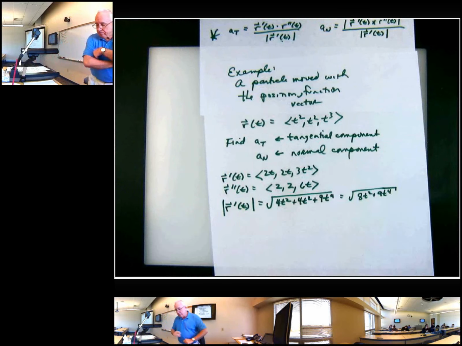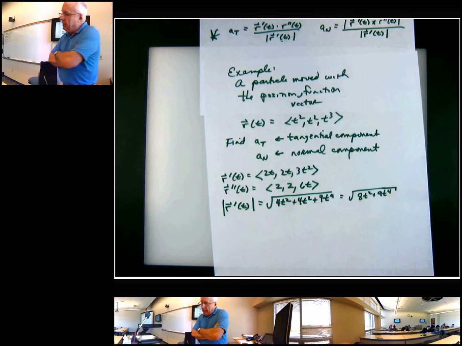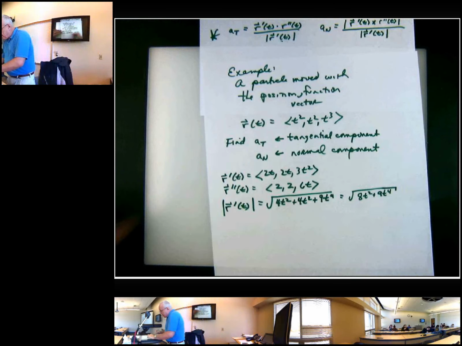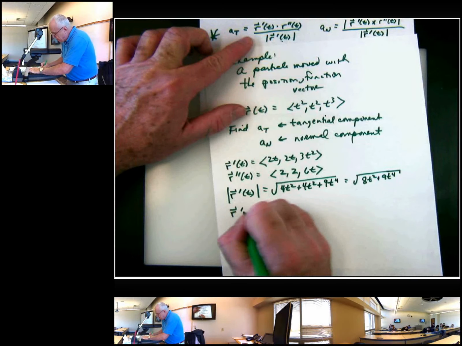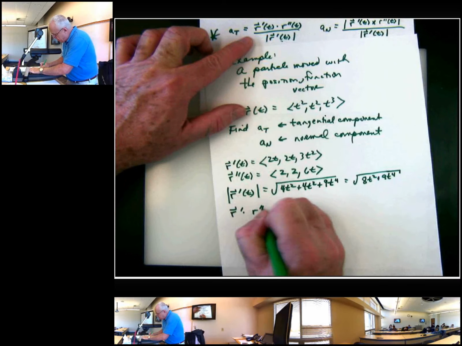All right. And then let's get our dot product, r prime dot r double prime.